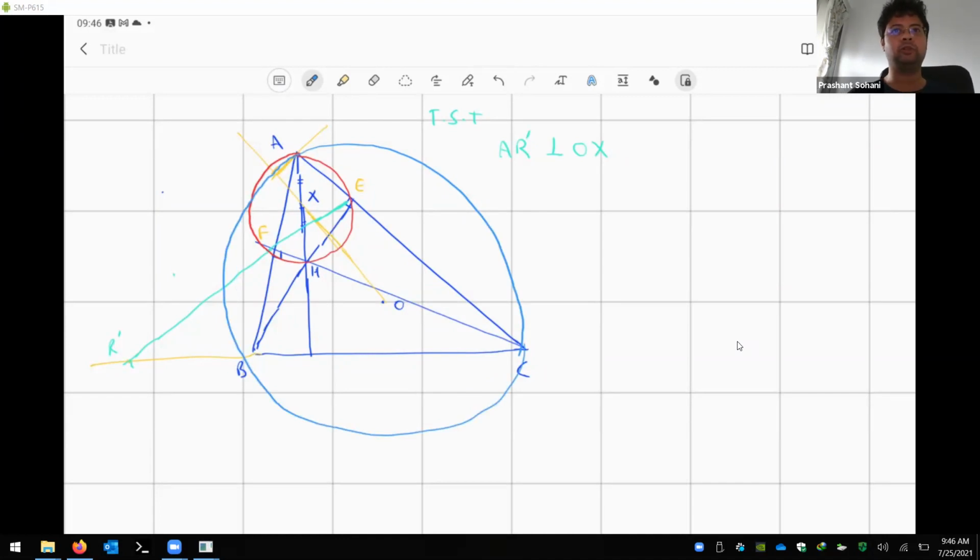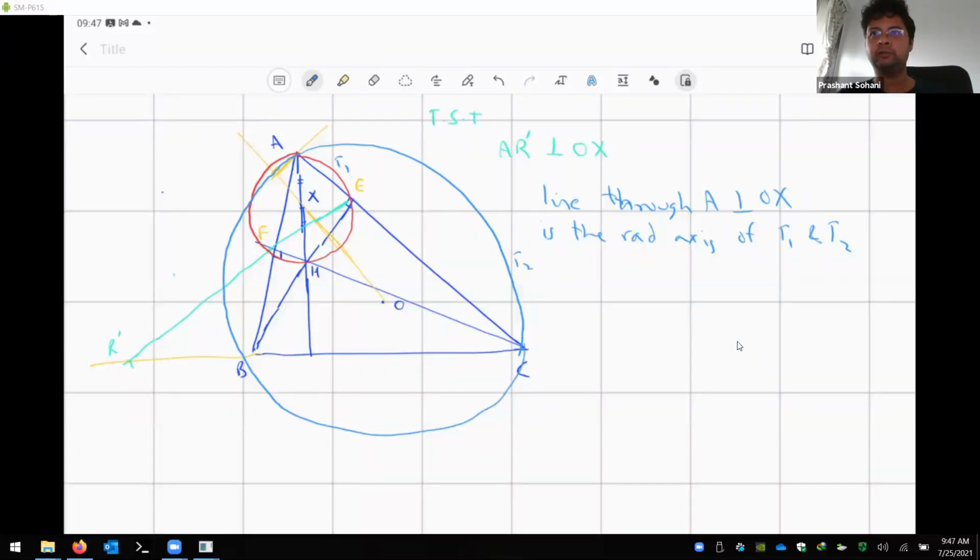What the important thing which we want to use here is the radical axis of these two circles. They are intersecting at point A, correct? So the radical axis will be the common chord which passes through A, and it will also be perpendicular to OX. So the line through A and perpendicular to OX is the radical axis of, if I call them gamma 1 and gamma 2.